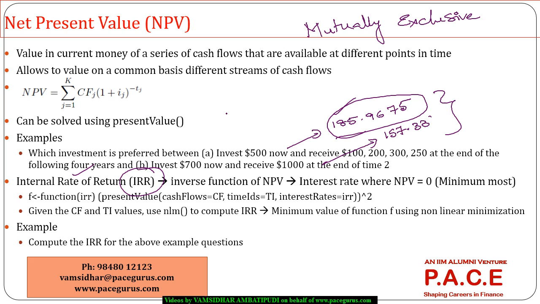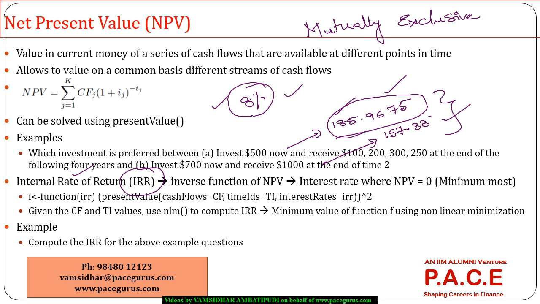IRR is nothing but the internal rate of return. Here, if I want 8% in NPV, what is it that we are saying? I want an 8% return. Based on this 8% return, what is the present value of both the projects? So I as an investor, my expected return is taken into consideration for computing the NPV.